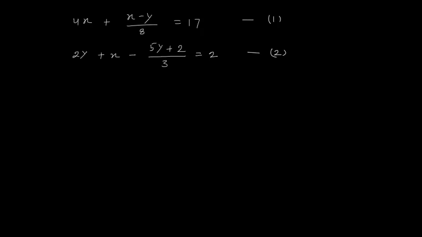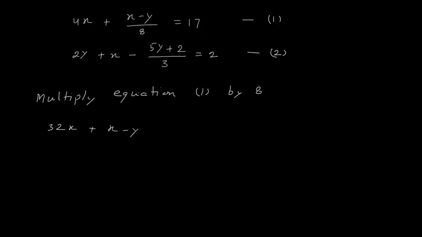Now here equation 1, I multiply by 8, so that the fraction part will be removed. So multiply equation 1 by 8. So 8 for the 32x plus x minus y.